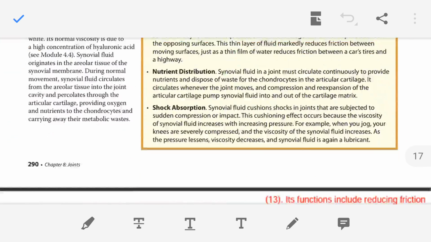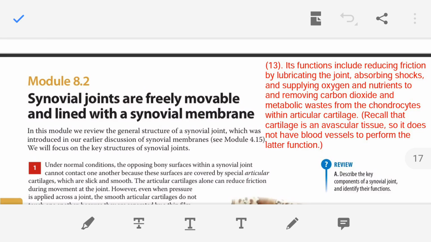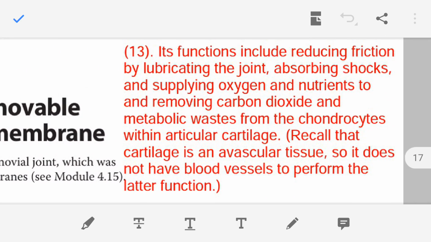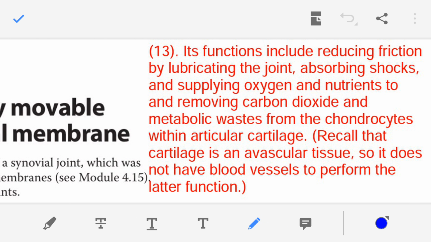Now point number 13, what are the functions of the synovial fluid? The functions of synovial fluid include reduction of friction between the bones.